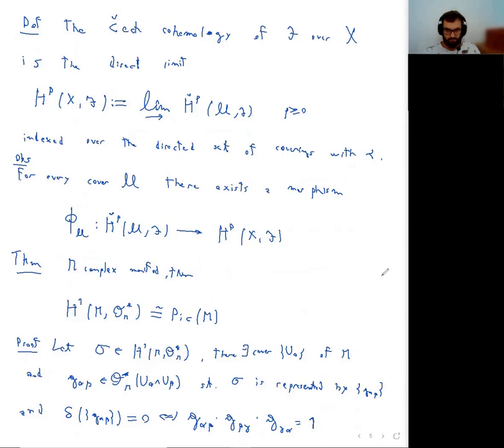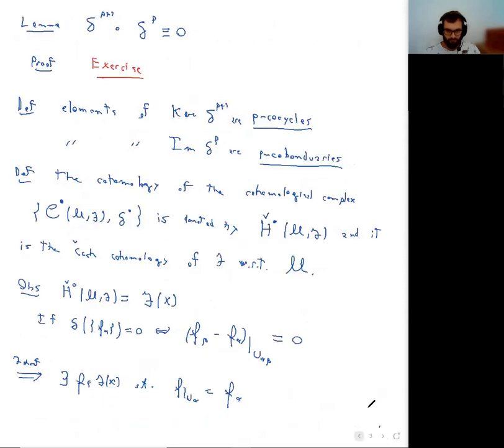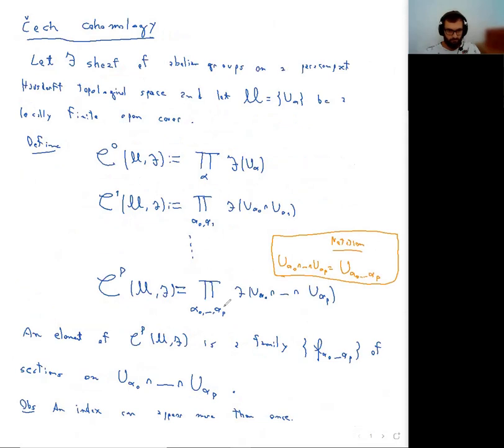I don't think so. Maybe just one thing on the first slide. I was just wondering why you said an element is a family of sections.